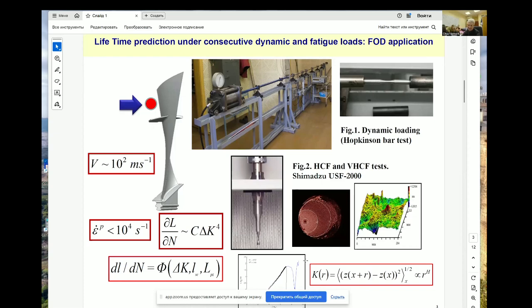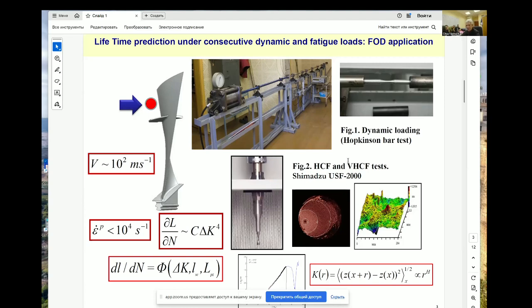First of all, an experiment for dynamic loading was realized using the Hopkinson bar test for standard samples, and then we investigated the scenario of fatigue life, for instance using Shimadzu, in the high cyclic fatigue regime or very high cyclic fatigue regime, to analyze the characteristic structure of the fracture surface with quantitative analysis of fracture roughness.